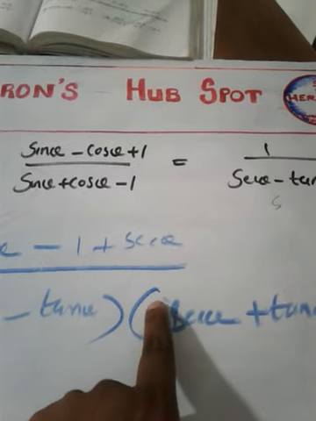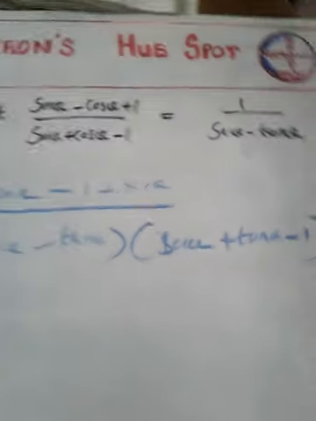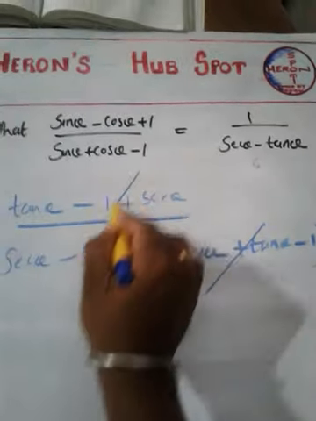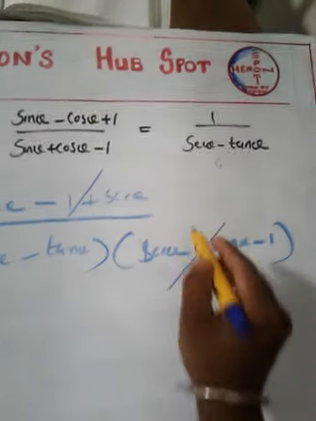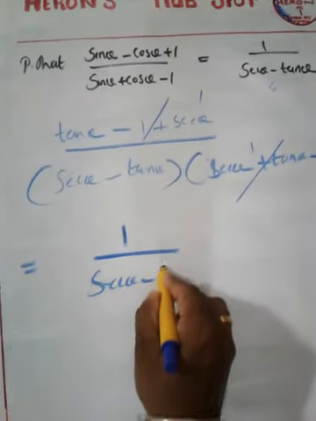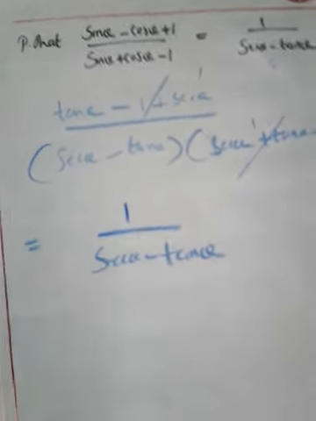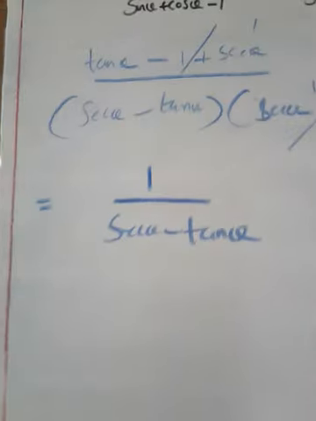Here the sign is plus, no? Anyway, if there is no sign, the sign is plus. That means both this and this are the same terms. We can cancel each other. Then what will remain? When you cancel, you write 1. 1 divided by sec theta minus tan theta will remain there, and we reached the RHS. Successfully we reached the RHS.